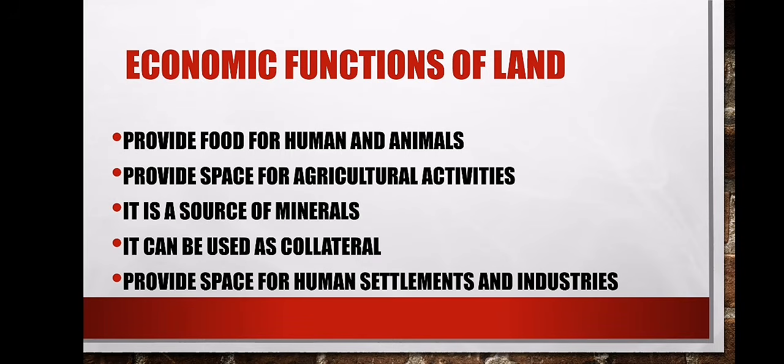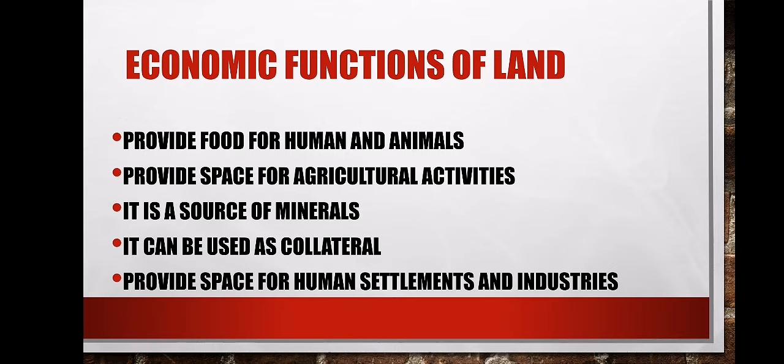We can also say it provides space for human settlements and industries. The growth in population results in more houses being built, and those houses are built on land. We also have industries, and we can add schools, clinics and hospitals.